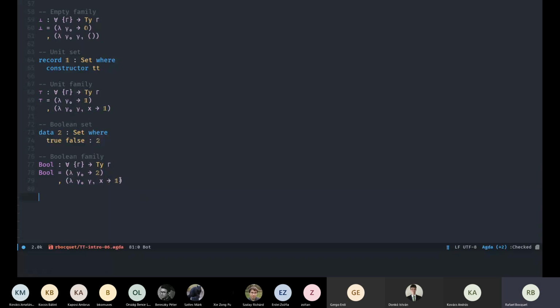But then we can also, well, I guess more generally, if you have any context gamma, and then some type, but not on the family model, but of the set model.